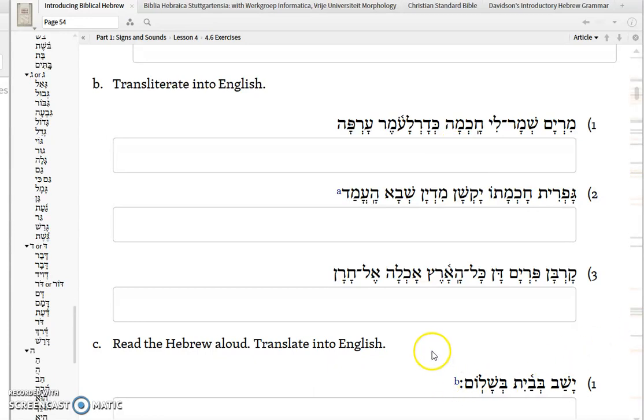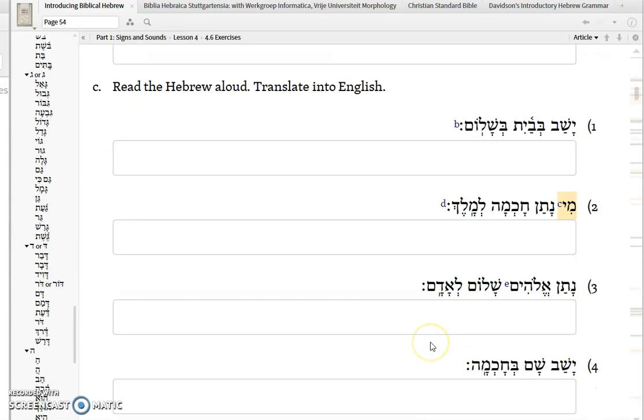And then he asks you to read aloud and translate a few sentences in section C. Again, it's always good to read Hebrew aloud before you do things. So you have Yeshav bebayit b'shalom. And Yeshav means he or it dwells.